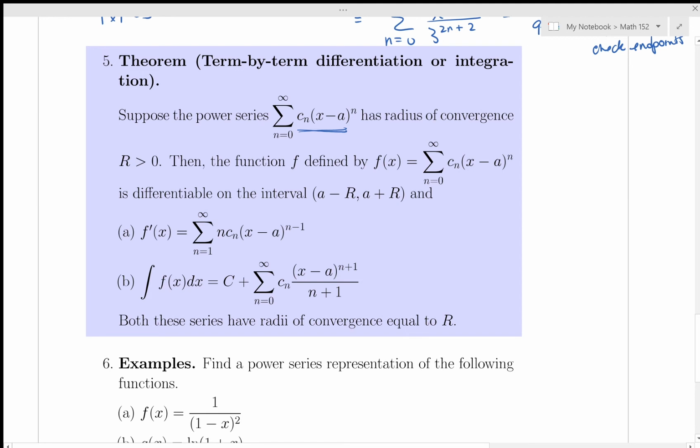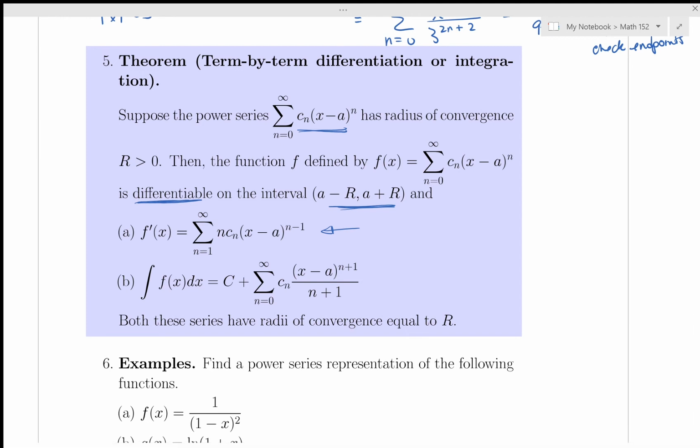Then the theorem is telling us that the function defined by this power series is differentiable on the interval between a minus the radius of convergence and a plus the radius of convergence, and that we can differentiate term by term. We can take the derivative term by term in the infinite series.